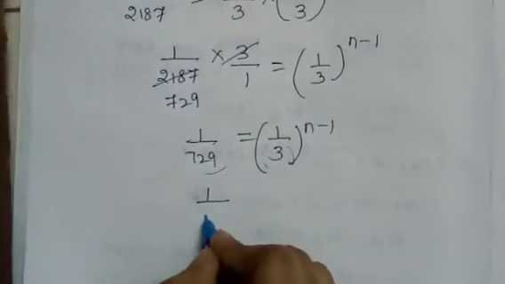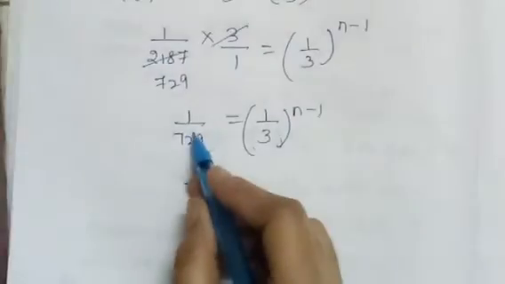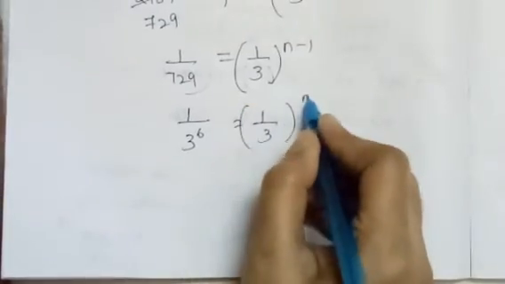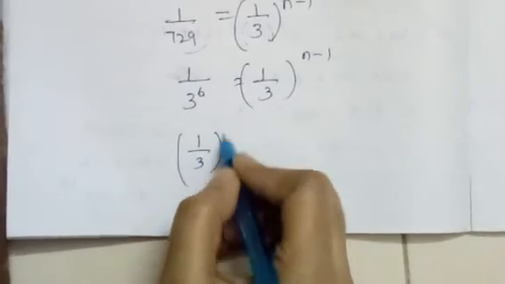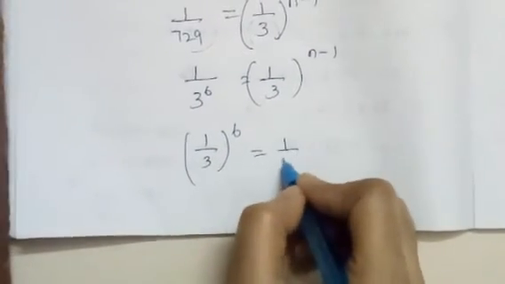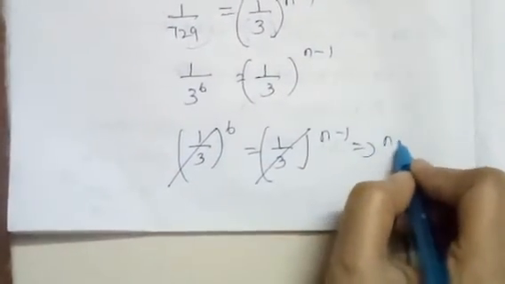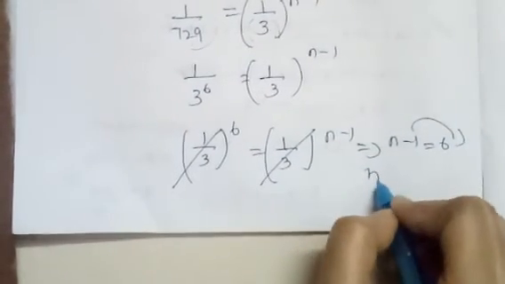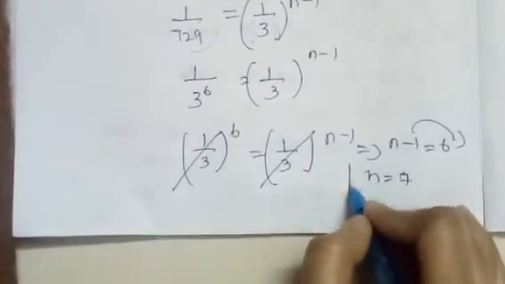So instead of 1 by 729, we can write 1 by 3 power 6, because 3 power 6 value is 729. So 1 by 3 the whole power 6 is equal to 1 by 3 to the power of n minus 1. 1 by 3 gets cancelled. Now take the powers alone. n minus 1 is equal to 6. So minus 1 becomes plus 1 while doing a transposition. So 6 plus 1 is equal to 7.